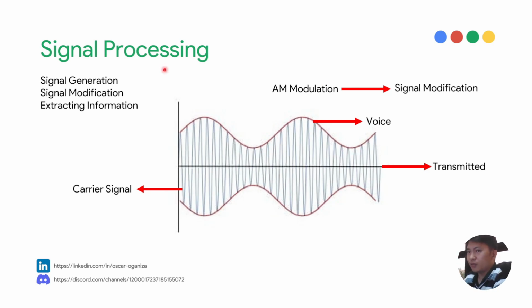For example, when I speak on a cellphone or telephone, a signal is generated, and as it passes through the channel, the telephone wires, or the towers that transmit the signal, it is modified so that when you receive my voice, there is no more feedback, no more noise. That is what we call modulation. You are modifying or manipulating the signal that is traveling over time.